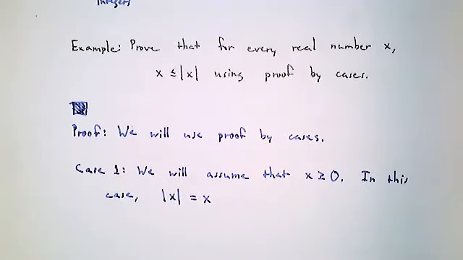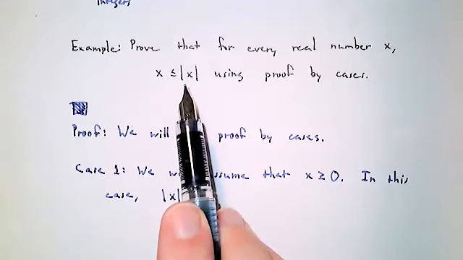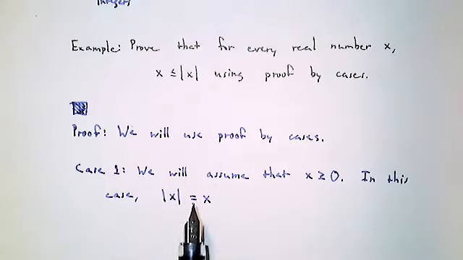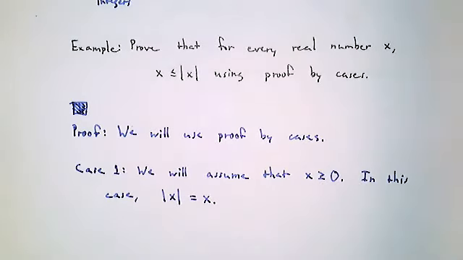And that actually finishes the whole case. We've shown that x is less than or equal to its own absolute value. In this case, it's equal to. Does that make sense?